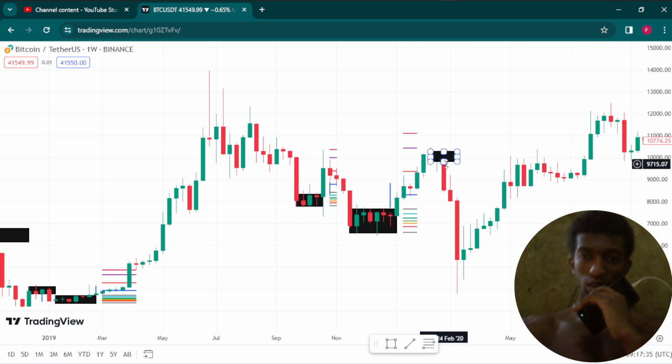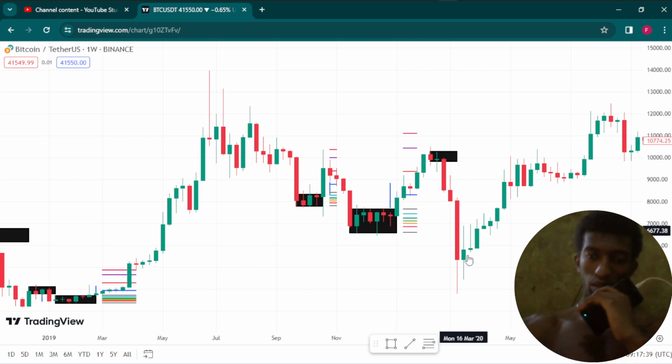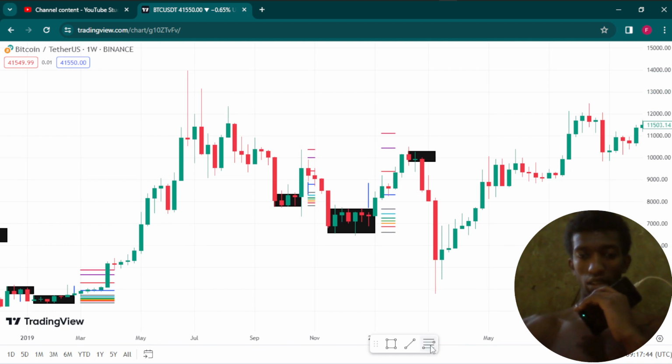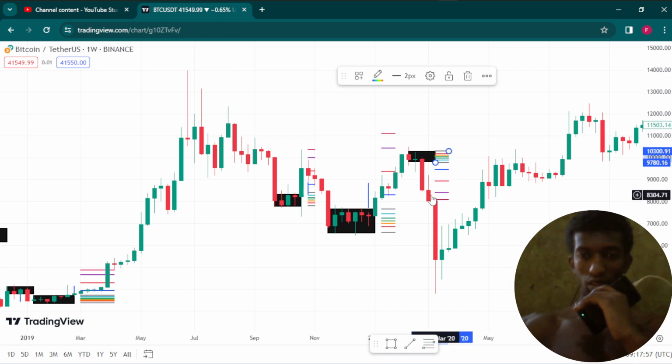You connect this one and you wait for the breakout. The breakout happened, you enter the trade and you ride it until it reaches the downside. TP3 could be around here, so no, I'm sorry, around here. The consolidation is very tight, so it's around there.